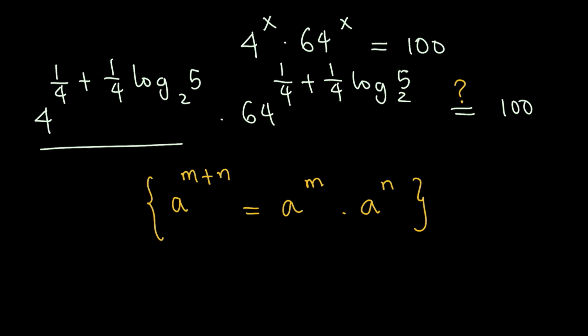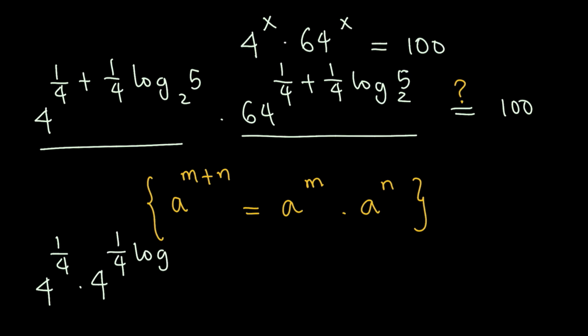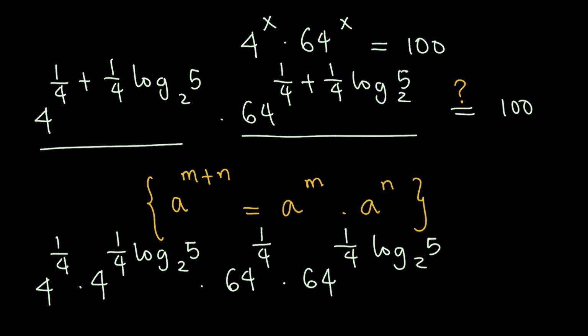So we expand each of these to give us 4 raised to power 1 over 4 times 4 raised to power 1 over 4 log 5 base 2 times 64 raised to power 1 over 4 times 64 raised to power 1 over 4 log 5 base 2 is equal to 100.